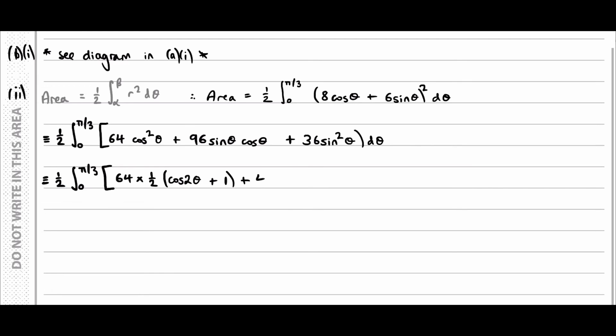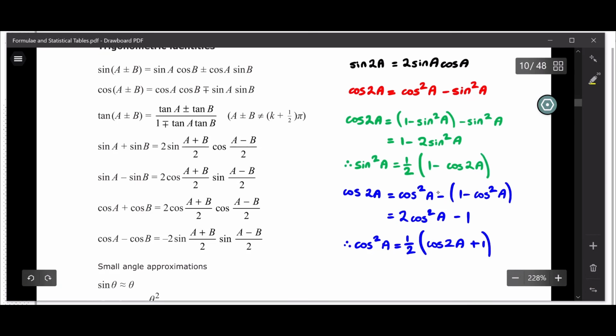That's the same as 48 times 2 sine theta cos theta, and then we have 36 times a half lots of 1 minus cos 2 theta d theta. So all I've just done is use these identities over here.